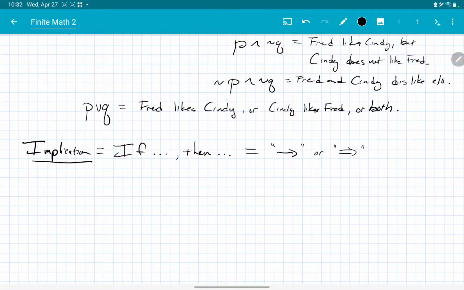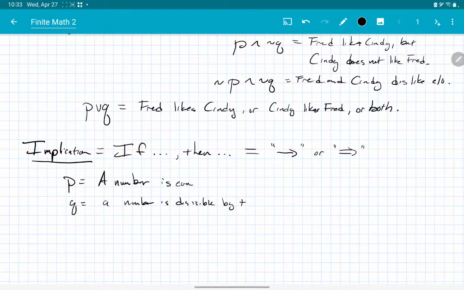So an example of an implication, if P is equal to a number is even and Q is equal to a number is divisible by 2, then P implies Q is the statement if a number is even, then it is divisible by 2. So that is an example of an implication.